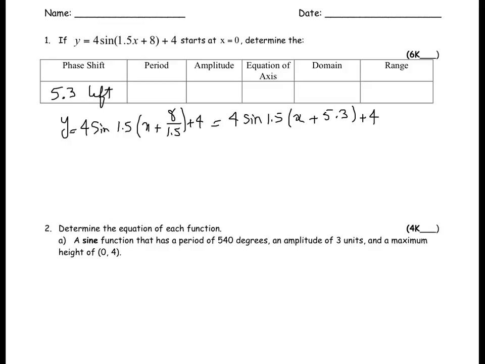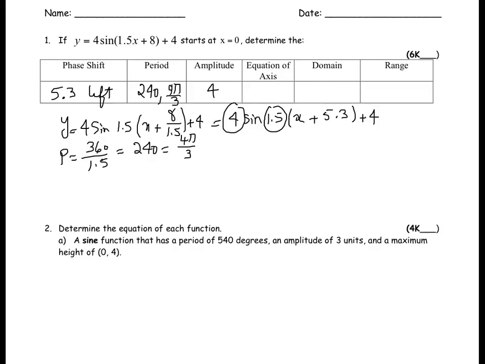For period, we know that b is 1.5, so period is 360 divided by 1.5, which is going to be 240, which is the same as 4 pi over 3. So the period is 240 or 4 pi over 3. The amplitude is the absolute value of the coefficient of sine, which is 4.